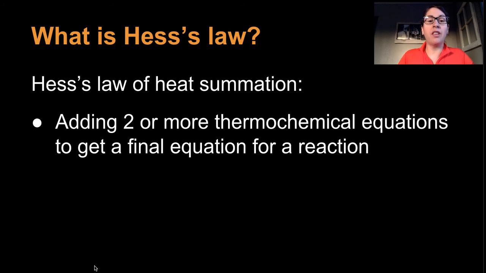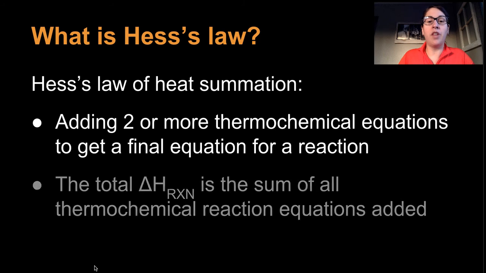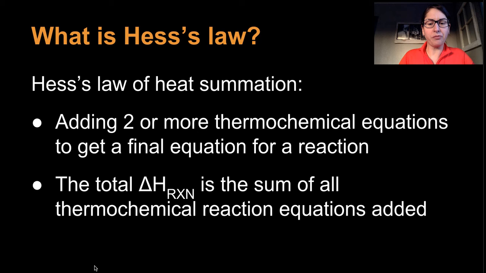And so this is those going through a couple of smaller steps in order to get to the overall net equation. Okay. And once we've done that, we can take the total of the enthalpies of reaction for the one that we're interested in, and we can find that by adding up all of the thermochemical reaction equations.